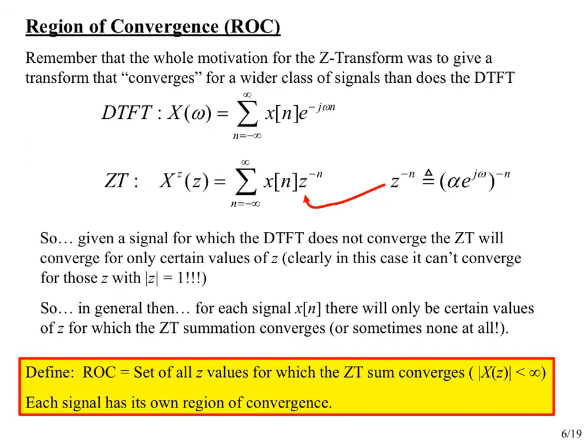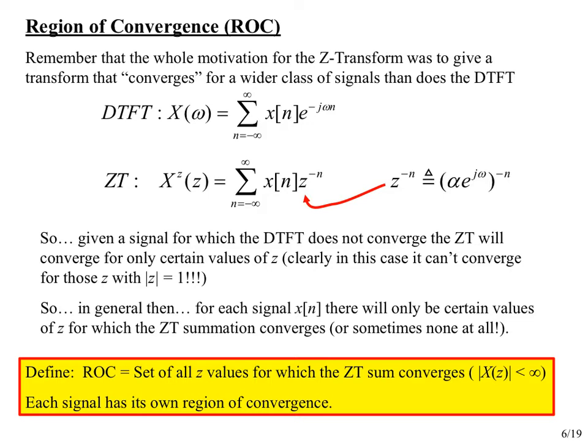Okay, now we are going to get into this region of convergence, or ROC. Just to recall, the big motivation for going to the Z transform is that it allows us to get convergence for signals for which the DTFT sum does not converge.